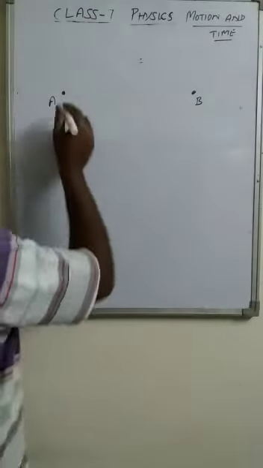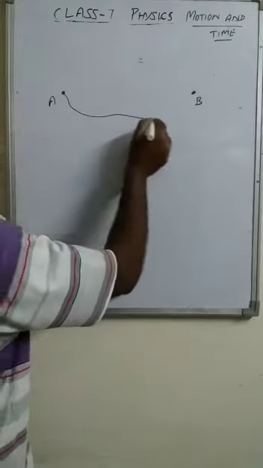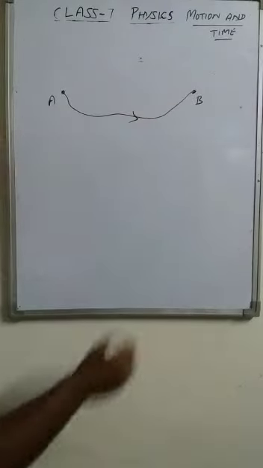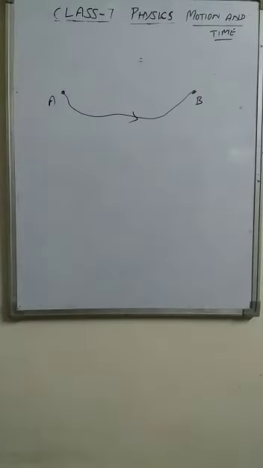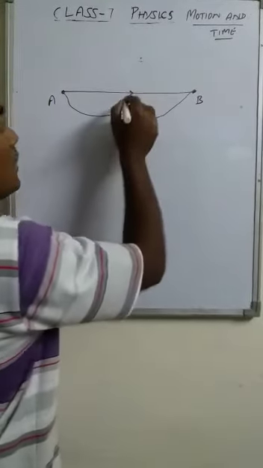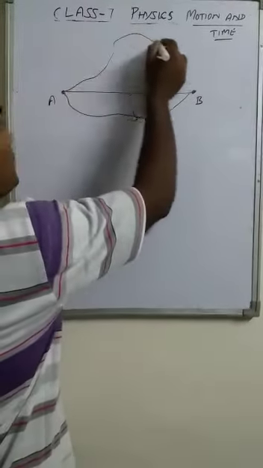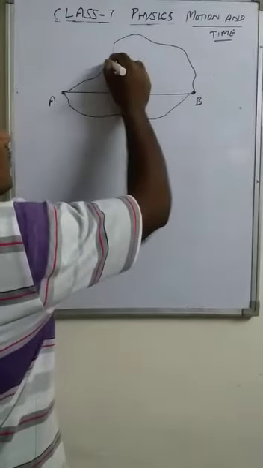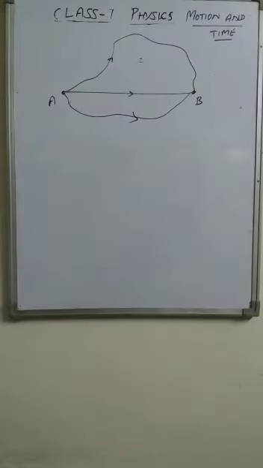The object may prefer this path, it may prefer this path, it may prefer this path also. The object may prefer any kind of path. That is the choice of that object.